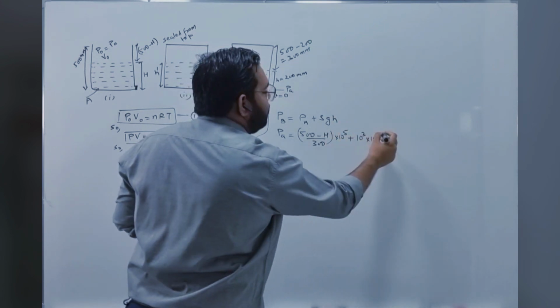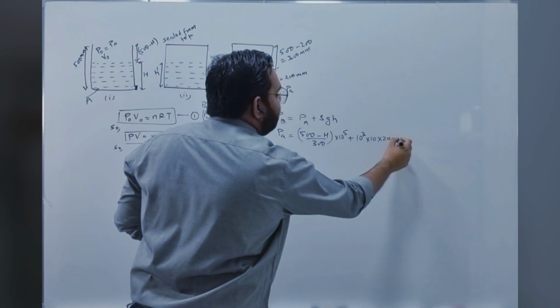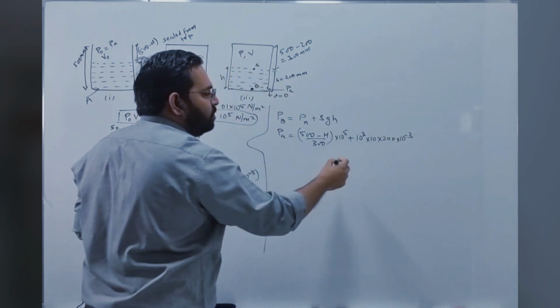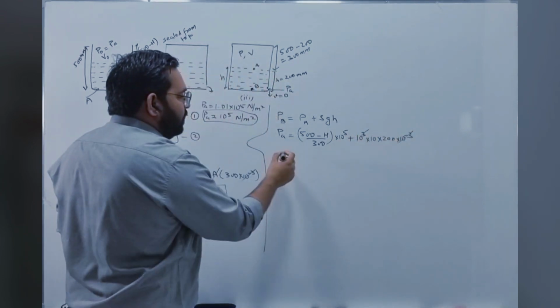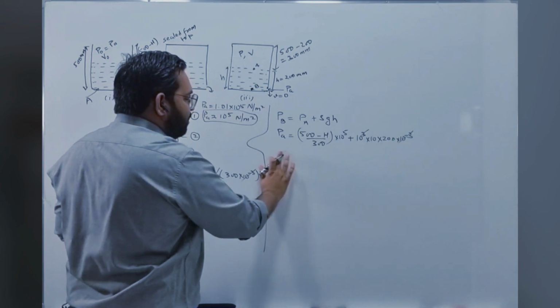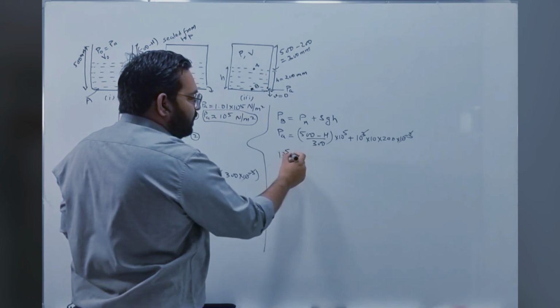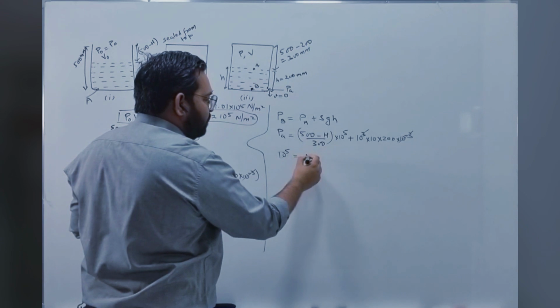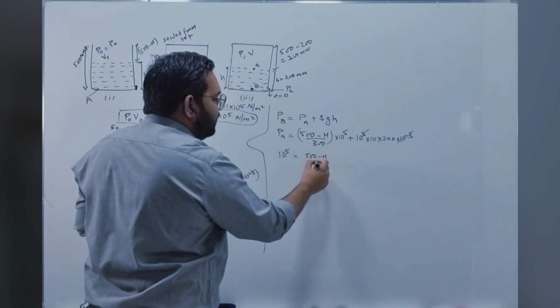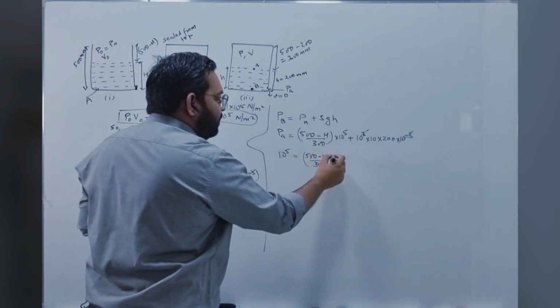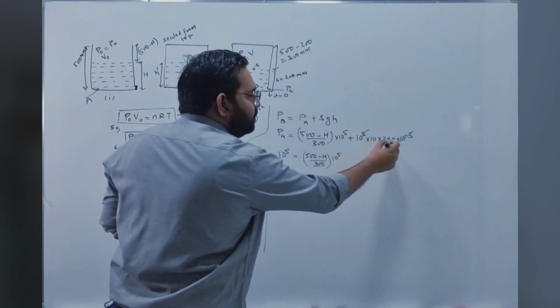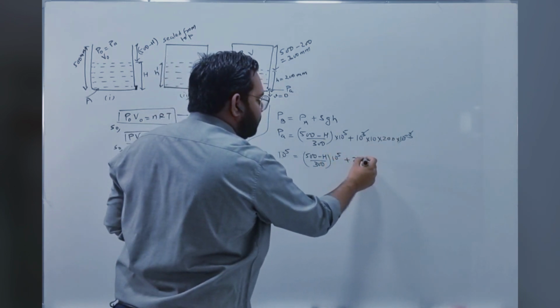H is 200, 200 into 10 to the power minus 3. So this would go away. We'll have PA, which is 10 to the power 5, simply over here, is equals to 500 minus H by 300 into 10 to the power 5 plus 2000.